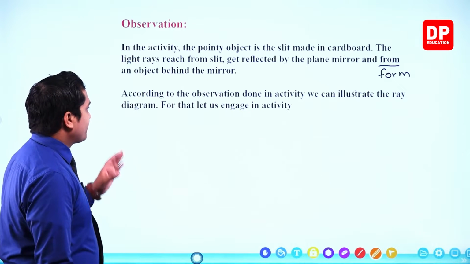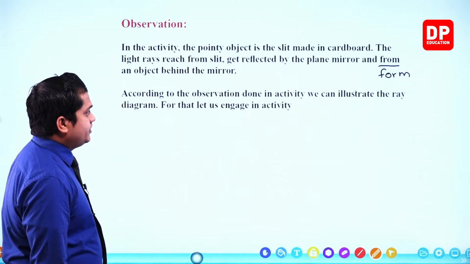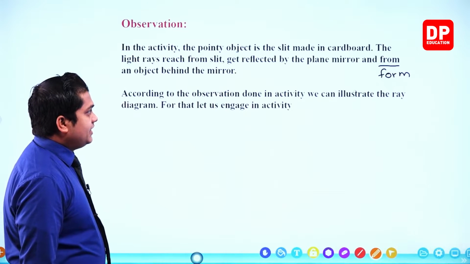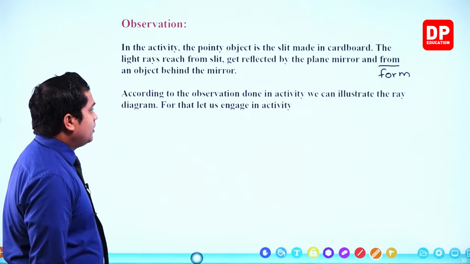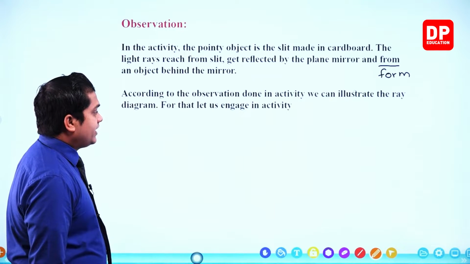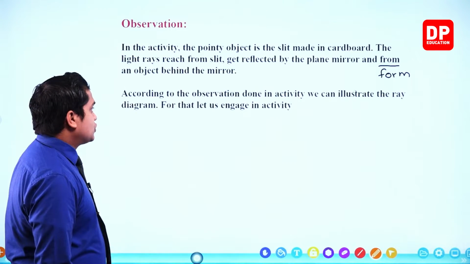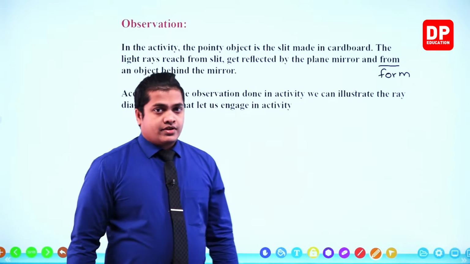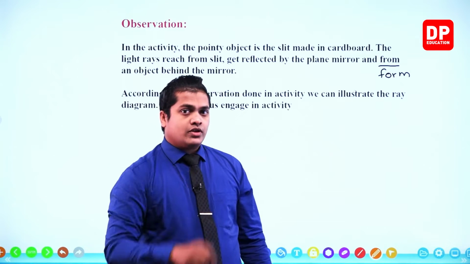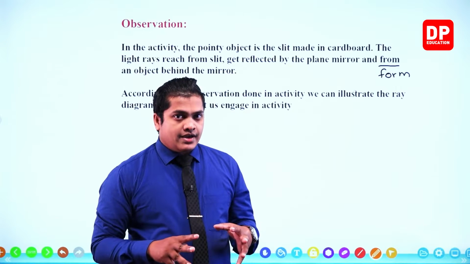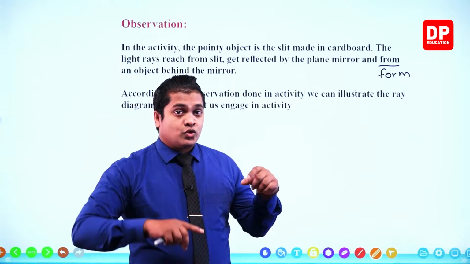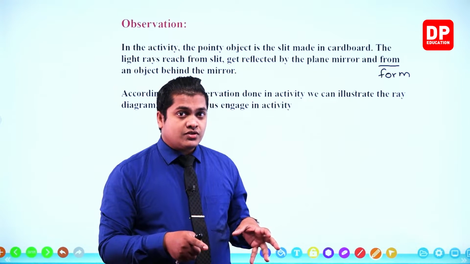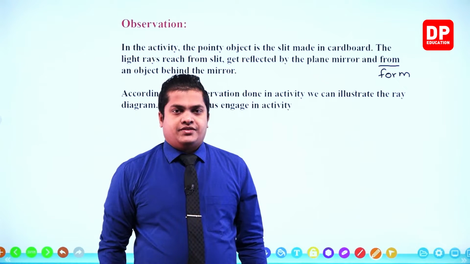Then, according to the observation done in the activity, we can illustrate the ray diagram. For that, let us engage in an activity. So now, my dear children, we are going to draw the ray diagram related to these two experiments. To draw the ray diagram also, we are going to do an activity.